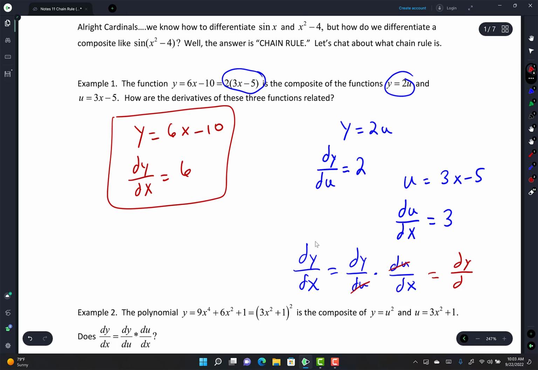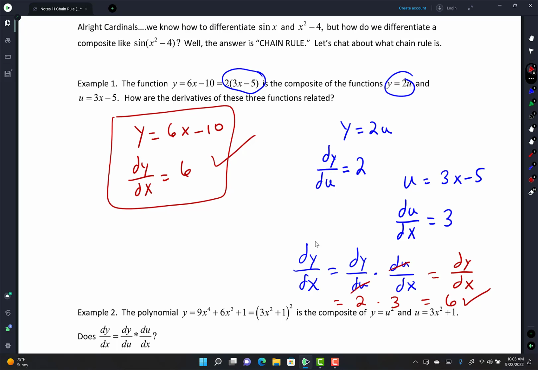Do you guys see that? And if I do that, dy du was 2, and then du dx was 3. And did I get the same answer that I had over here? Yeah. So what you actually did was chain rule. That's chain rule there.